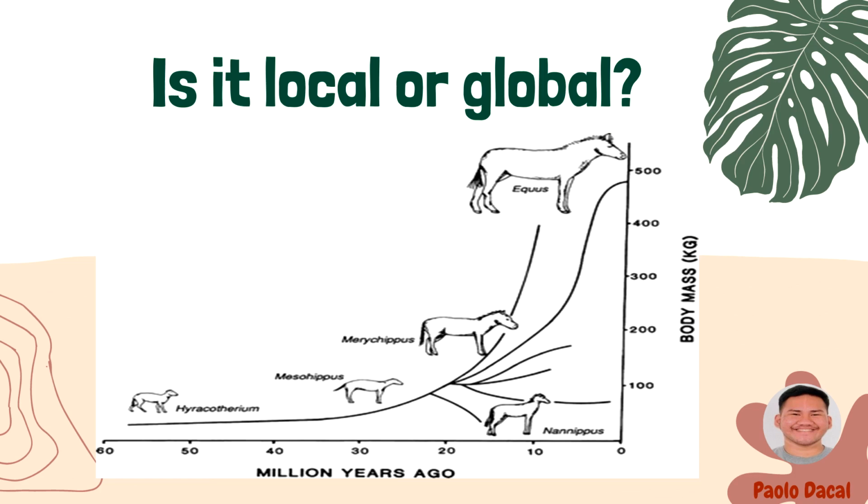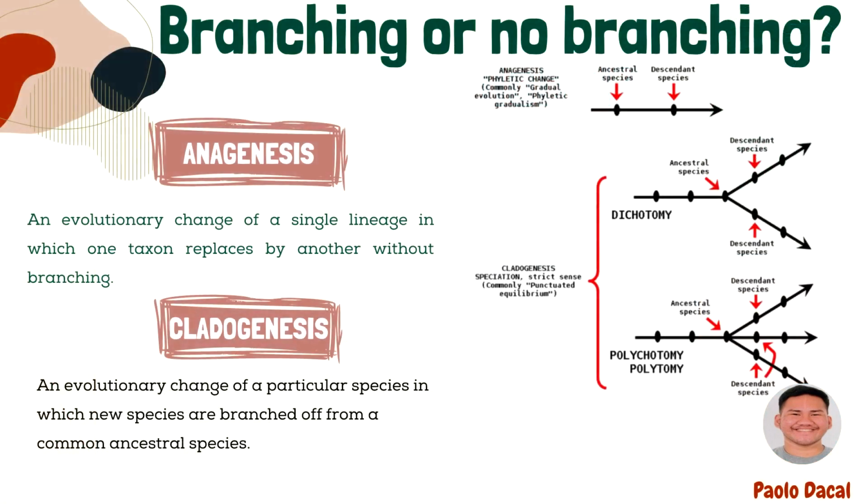If the increase of body size is evident in all horse lineages, then it is considered global, but if it is only evident in one genus, for example, the modern genus Equus, then it is said to be local, because there are genera that have small body size, such as the extinct three-toed horse Nannippus.